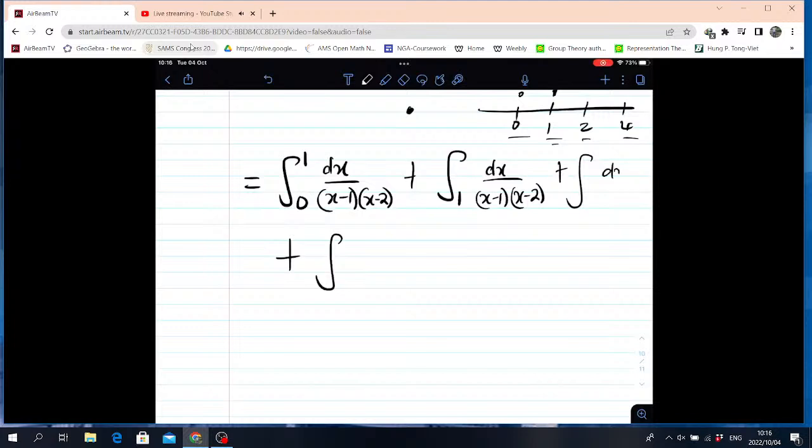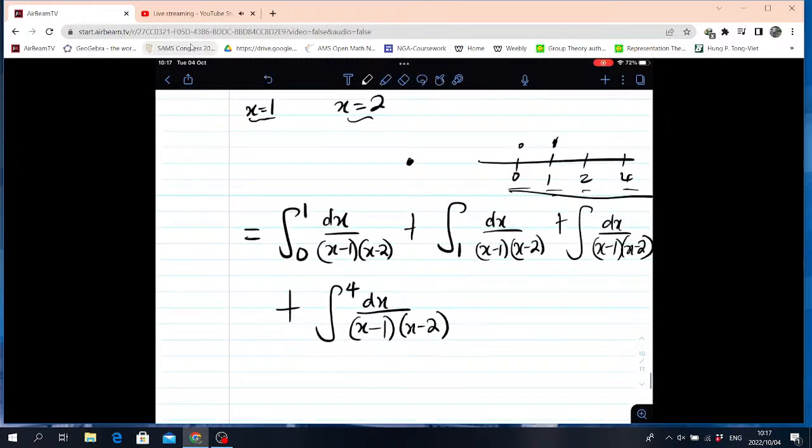So this will be dx x minus 1, x minus 2. And then this one should be 4, because that will be the last one, so that we cover the whole interval there. Then we need to determine what we should put there, there, there, and there.